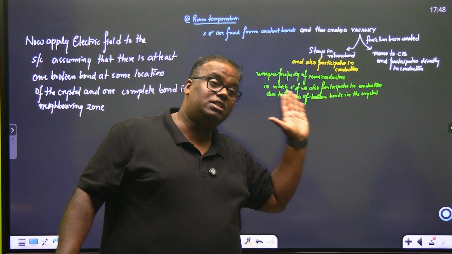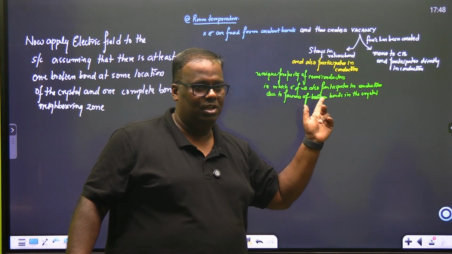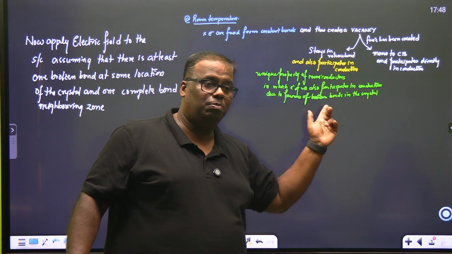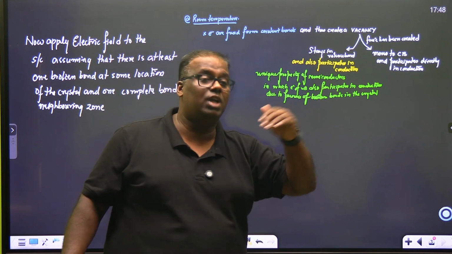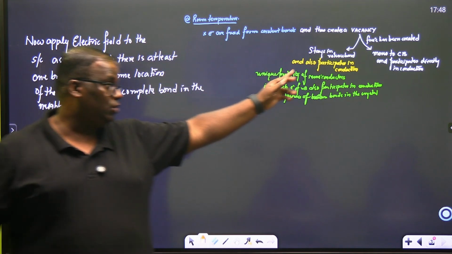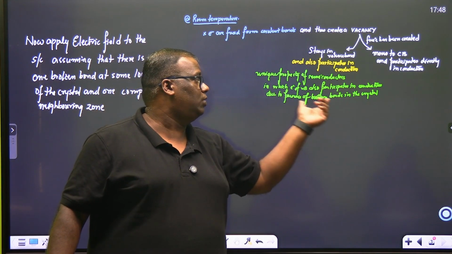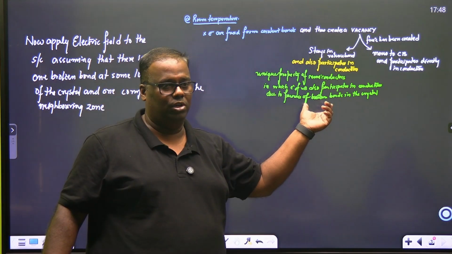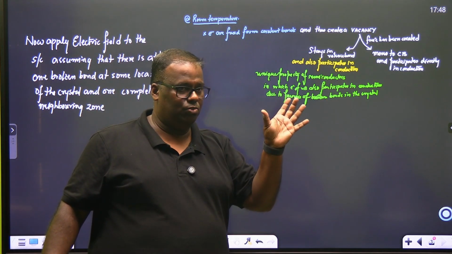So it participates in conduction. How? That is what we are going to see. This is a unique property of semiconductors: if you have a free electron in the valence band due to a rise in temperature, it is going to participate in electric current conduction because of the creation of a broken bond. So right now, my semiconductor is at room temperature.